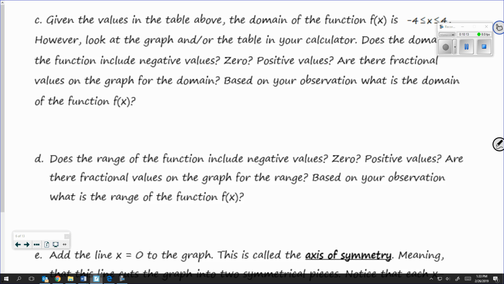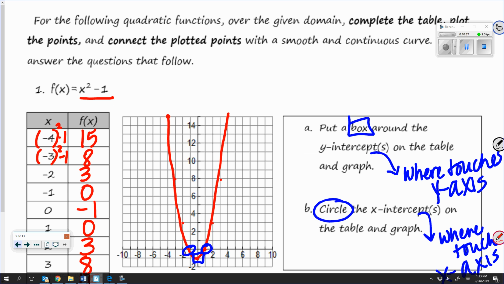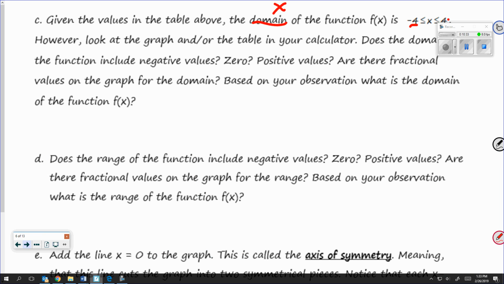So it says, if we look at our graph to describe the domain, my x values are going to be between -4 and 4. If we look, is that right? The farthest left we go is -4. The farthest right we go is 4. Now I'm saying to put it in your calculator.